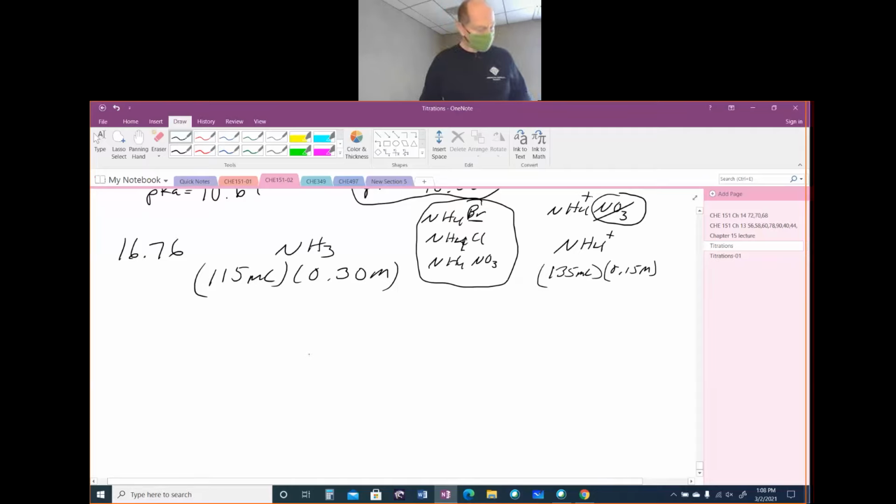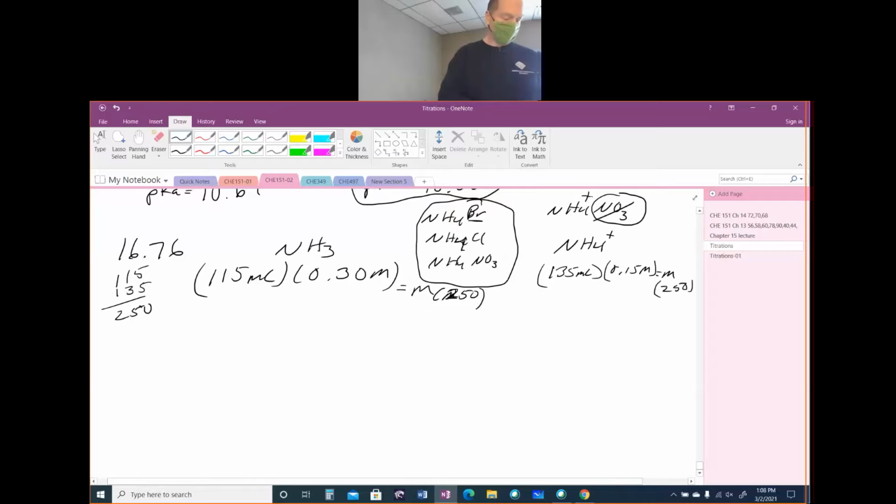So we're making a buffer. We added 115 mils of 0.3 molar NH3 to 135 mils of 0.15 molar NH4 plus. So we're doing MV is equal to MV. But the final volume, when you add 115 to 135, is 250 mils. So we have to find the molarity once we know that the total volume at the end is 250 milliliters.